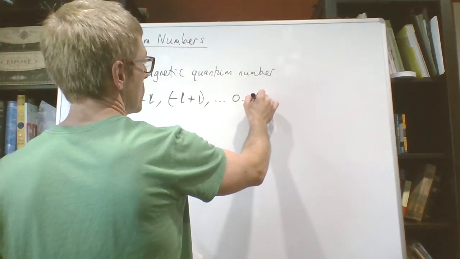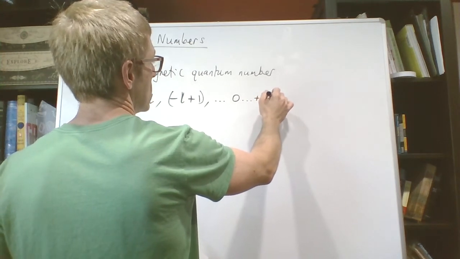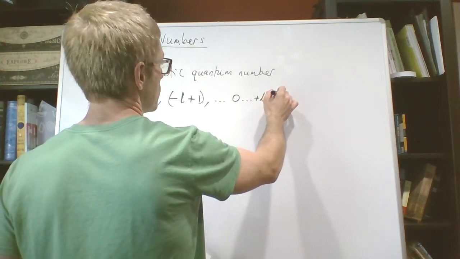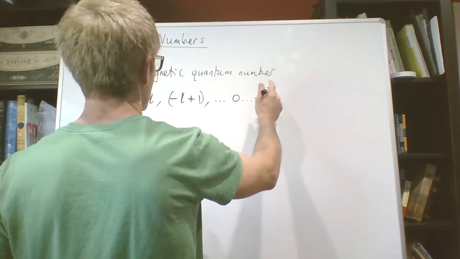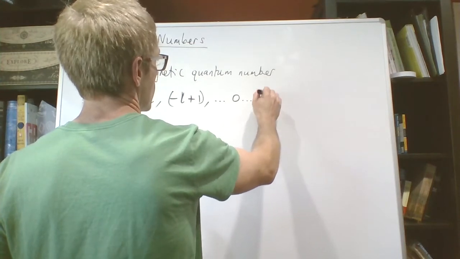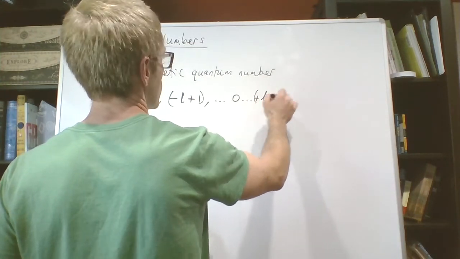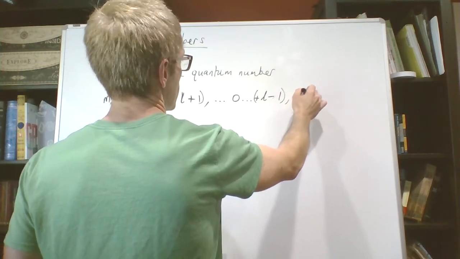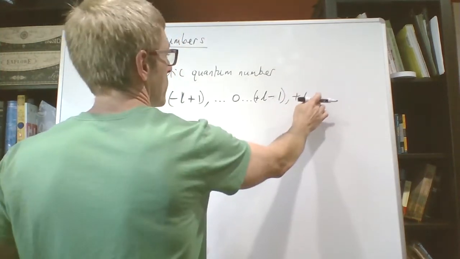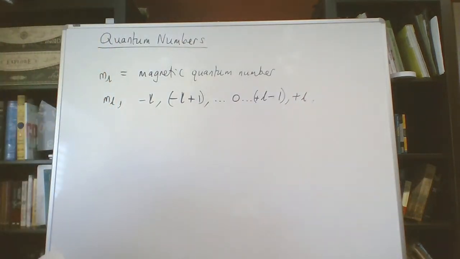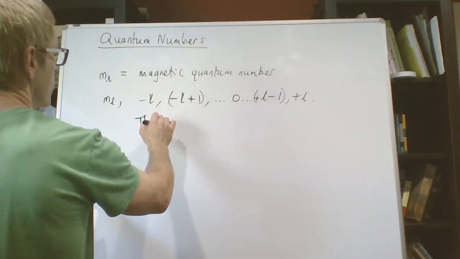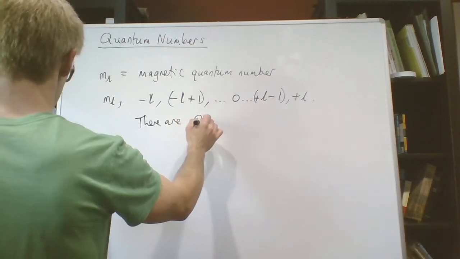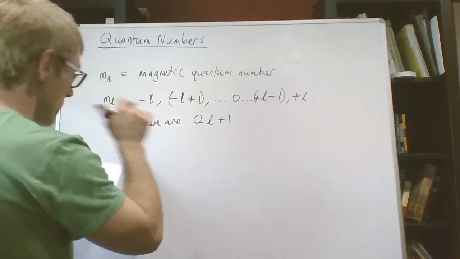So positive L minus 1, positive L. So again, it should be symmetric both sides. And there are 2L plus 1 values of ML.